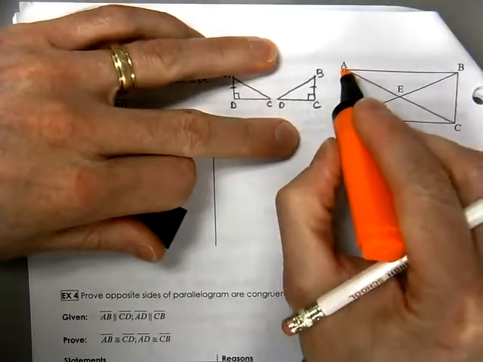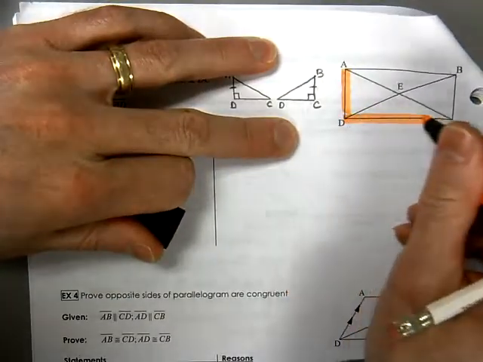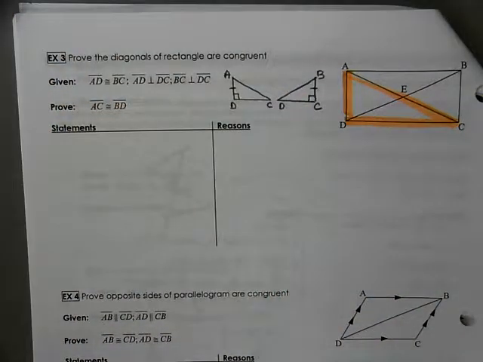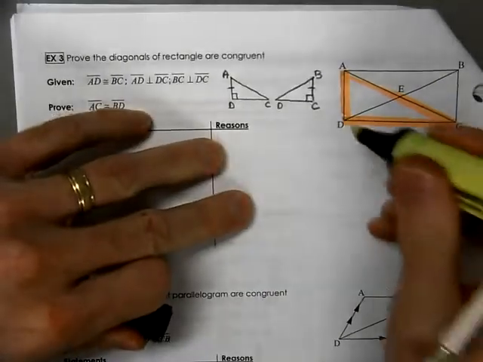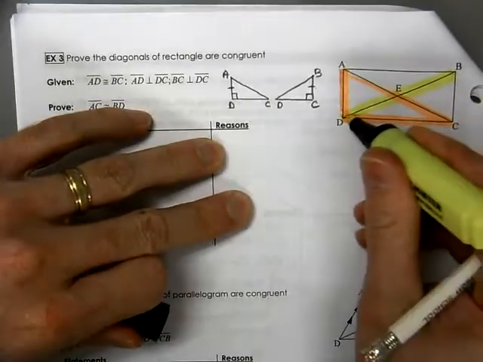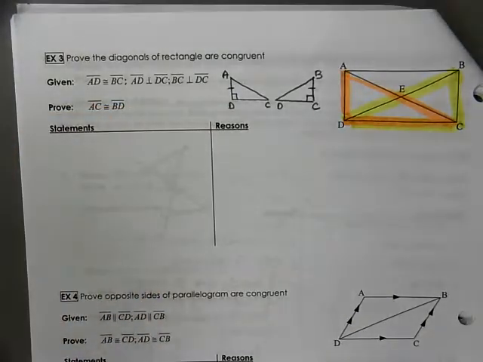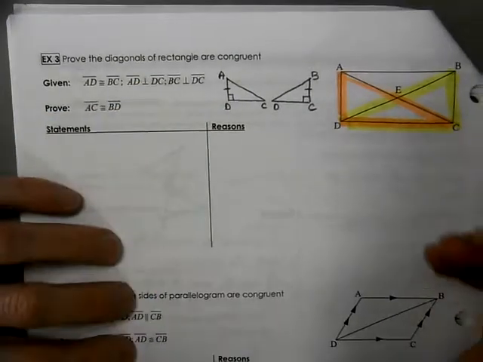We have this big triangle. We also have this big triangle. We've been using some highlighters in class to help us identify what shapes we're working with.